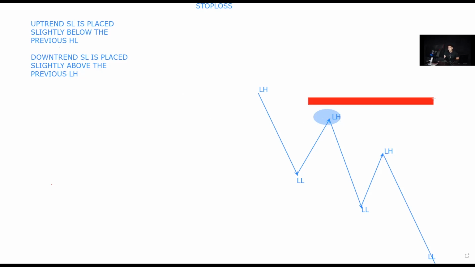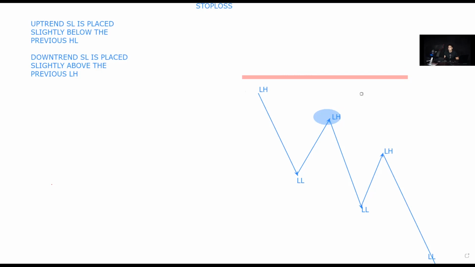So we wouldn't place it up here. This is not the previous lower high, that's the current lower high. So we look to our left again, and we see the previous lower high is up here. So we're placing our stop loss slightly above.